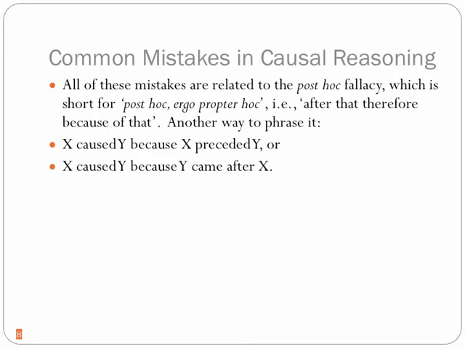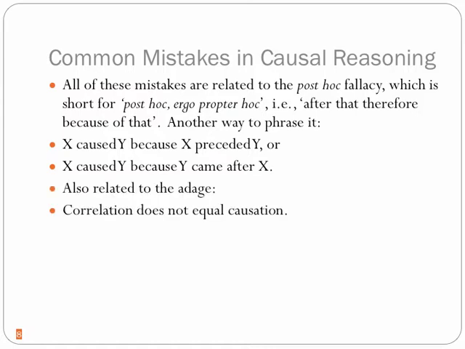Or you could say X caused Y because Y came after X. You might have heard the adage, correlation does not necessitate or equal or entail causation, right? You learn that if you study subjects in the social sciences like psychology, right? Things could be correlated, and there might not be any causation.